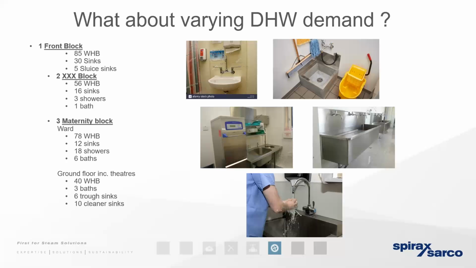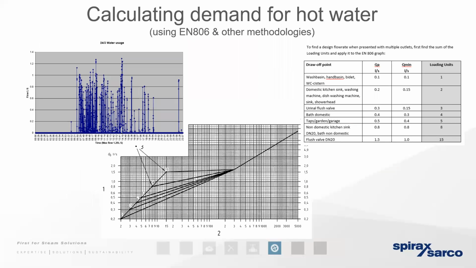And we can then refer to a typical sizing methodology, such as BS EN 806, and that determines that different draw-off points will consume hot water at different rates. So we'll calculate what we refer to as a loading unit, and that will give us enough information to size a heat exchanger with a reasonable amount of accuracy.